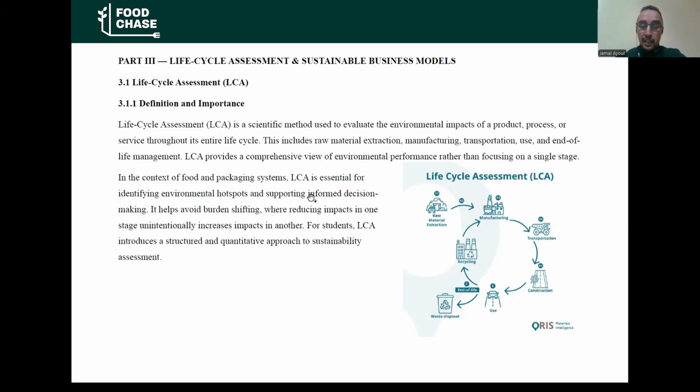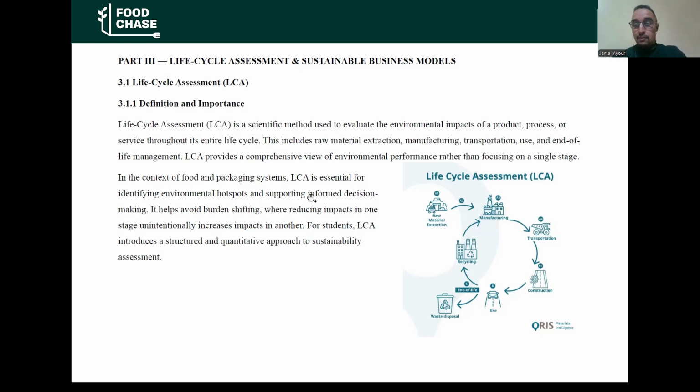For food and packaging systems, as you can see in these pictures, this is an extremely important key to the success of any production chain, because focusing on a single stage can be misleading. For example, a material may look sustainable during use, but have a high impact during production or disposal.